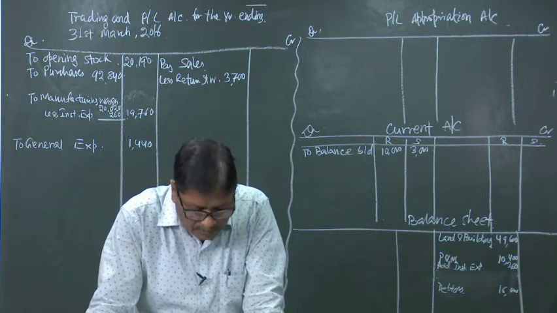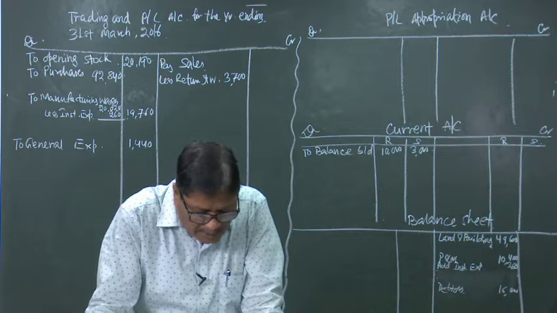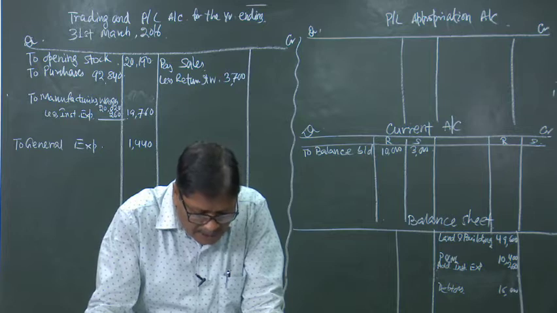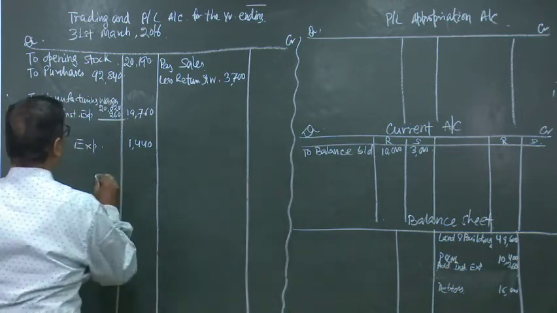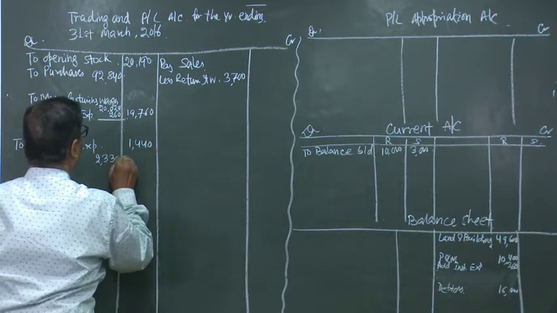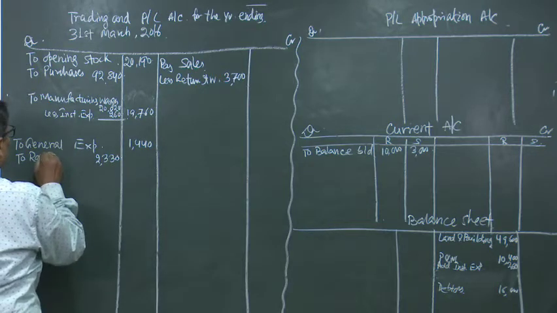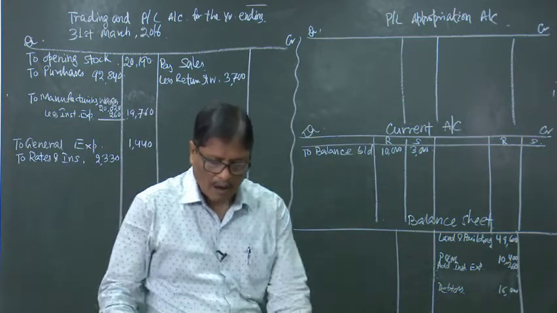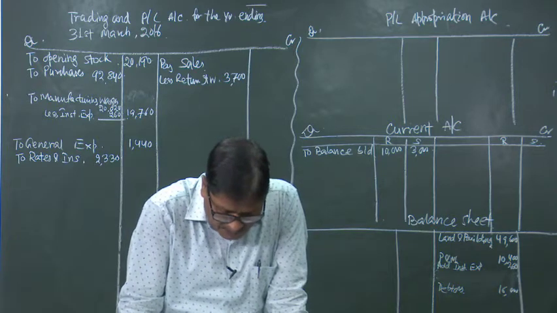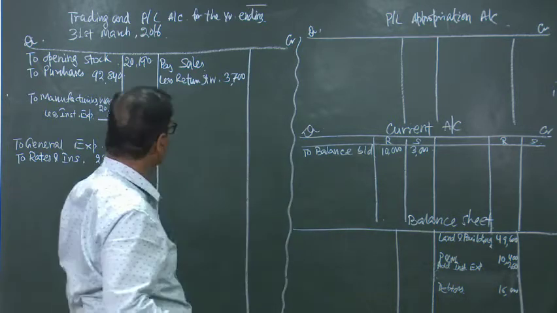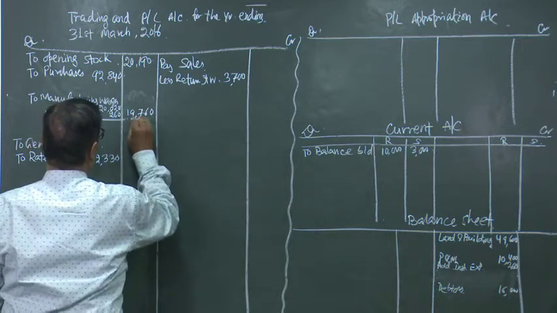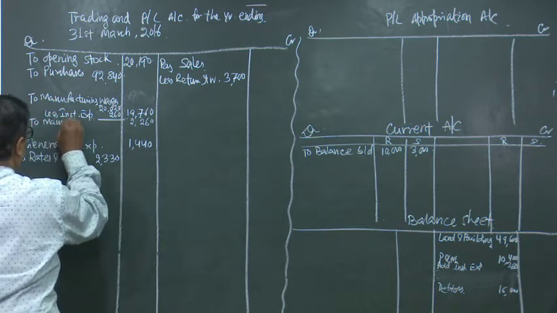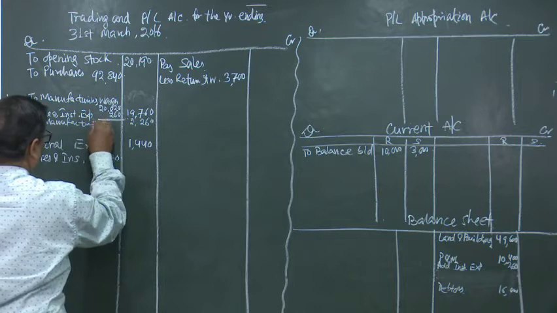Now, we will come to the next item. General expenses gone, manufacturing wages done, rent, taxes and insurance 2330, to rates and insurance 2330. Manufacturing expenses 2260, to manufacturing expenses.